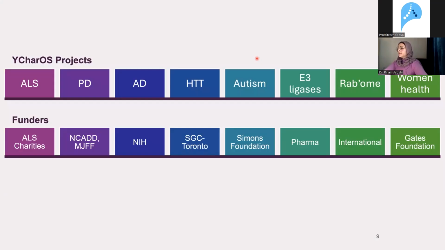Each funder is focused on proteins related to a disease area, which has been mostly, in our case, the field of neuroscience. However, the YCharOS projects are now extending to other broader areas of research as well.